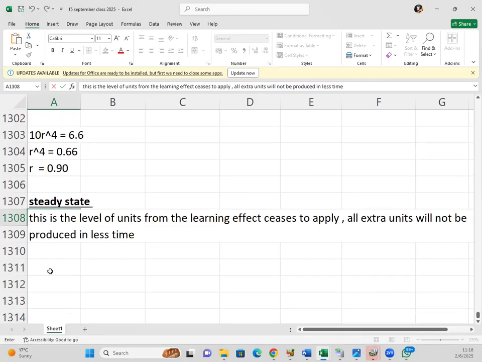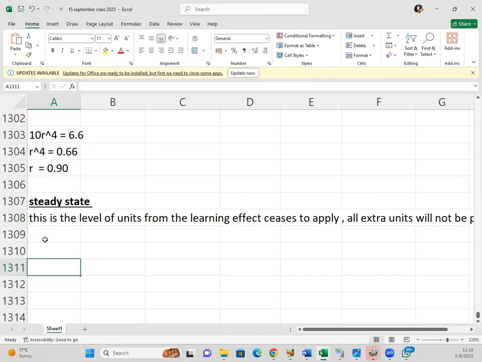So we are saying if the steady state is reached after producing 100 units, it means for extra units, that is for 101 units, or if we go to 105, all those units will be taking the same time that the 100th unit took.